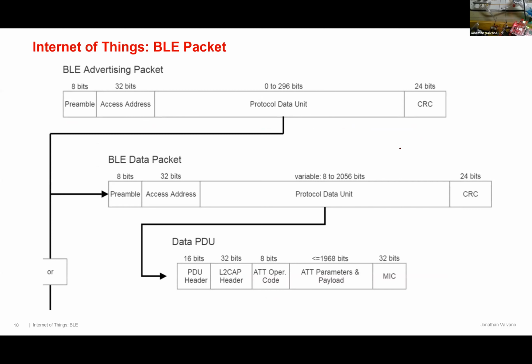Again, I don't need you to memorize these packet sizes, except they all have packets, okay? Embedded in there typically is a preamble, an address scheme, an address size, and some sort of checksums at the end.